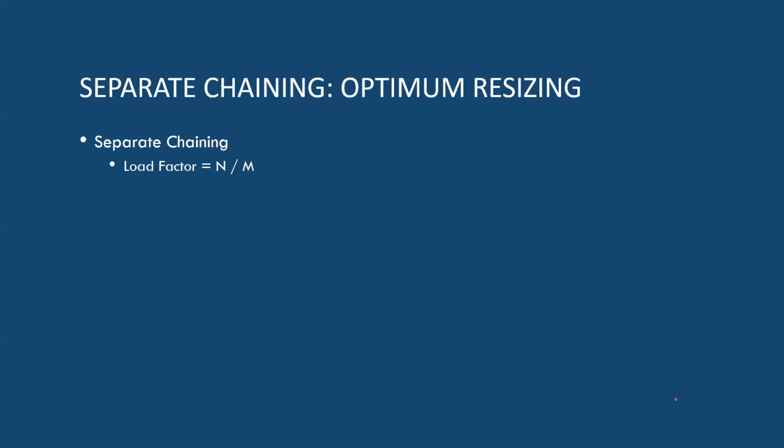If you're doing separate chaining, like we're doing in homework 5, we want to be tracking our load factor, which is going to be the number of keys stored divided by the table size. Not the number of buckets used, because in separate chaining, we're going to potentially have a lot of keys per bucket, because you're going to have a linked list.